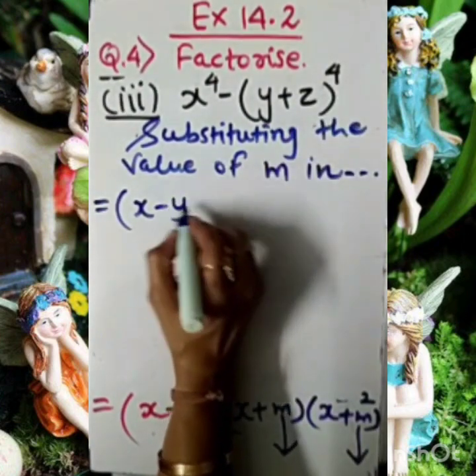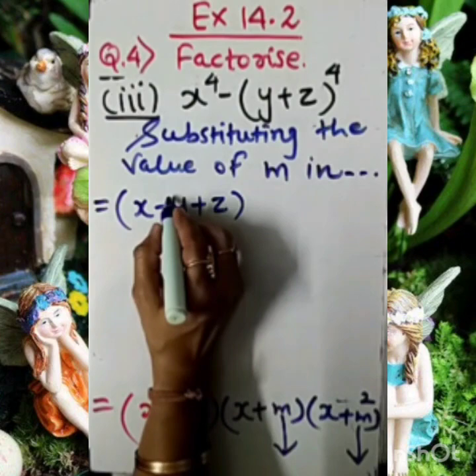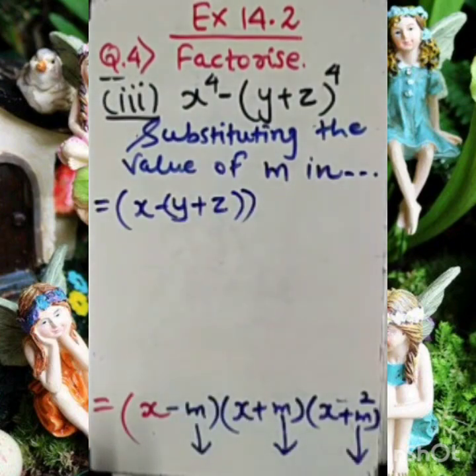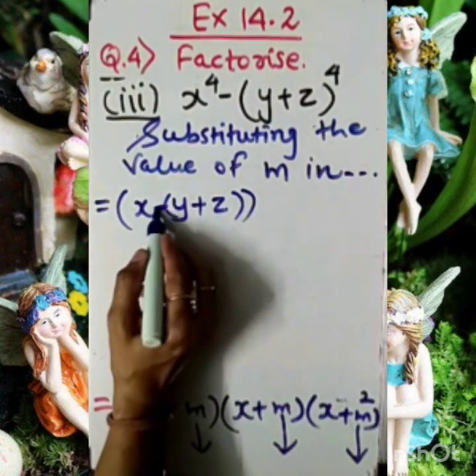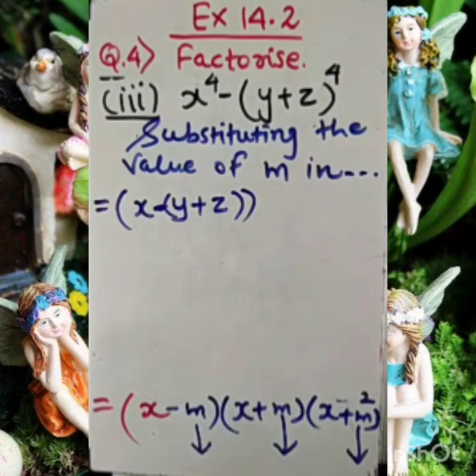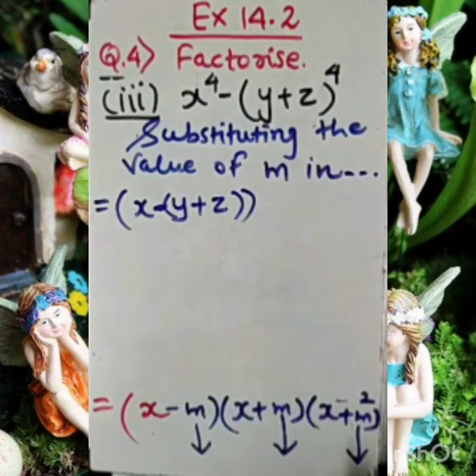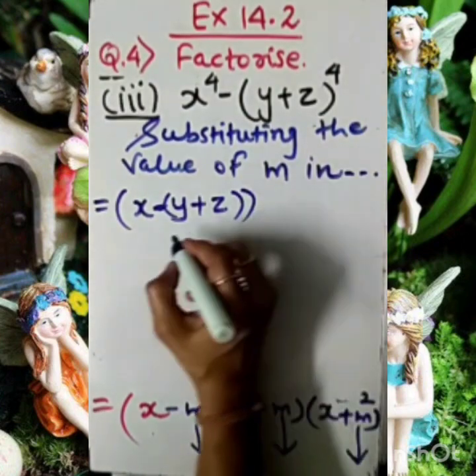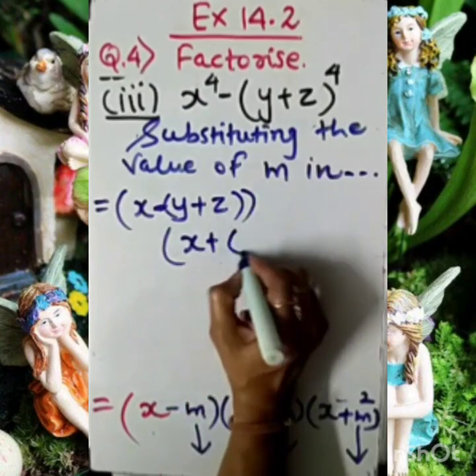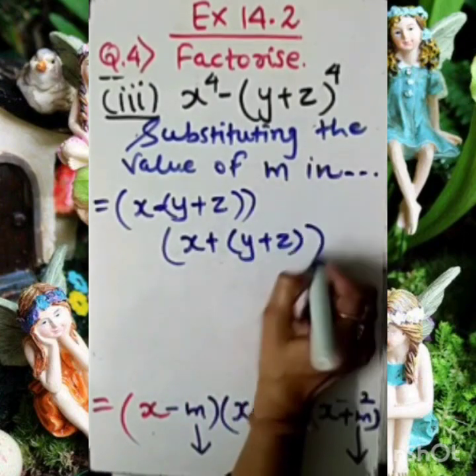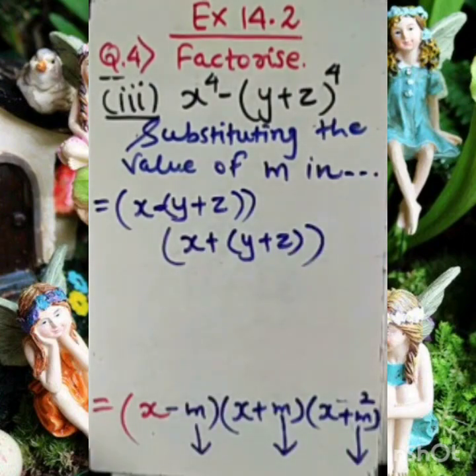So let me write it here, y plus z in a bracket. To avoid changes of the minus sign, try to avoid mistakes, you must mention it in a bracket. Now here x plus m, so next will be x plus, in bracket, y plus z. This is another step.